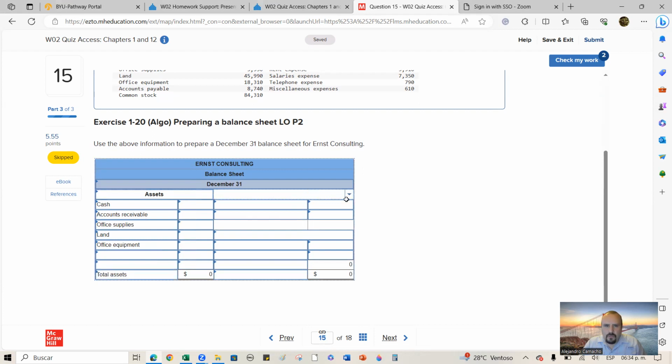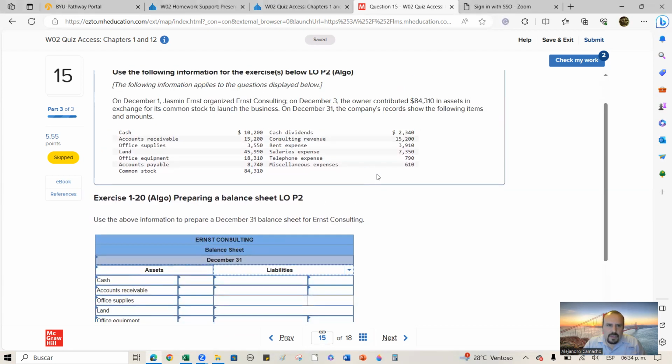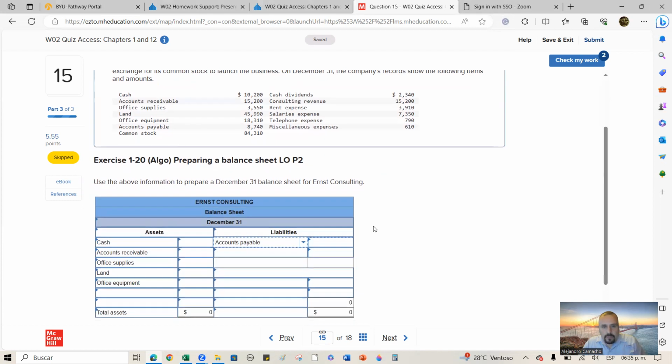On the right, we start with the liabilities. The ones we can see here are any kind of credit. In this case, it is accounts payable. That's the only one we see here, right? However, we also have to consider the equity, not just the accounts payable, because we have to summarize them both against the assets, right?